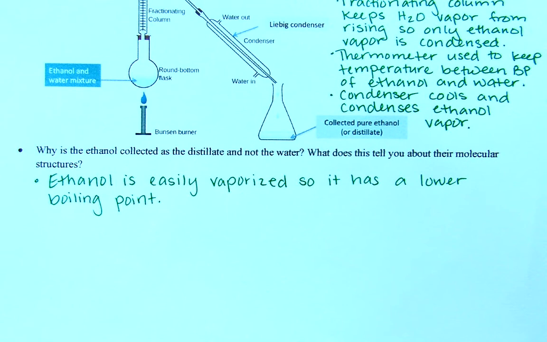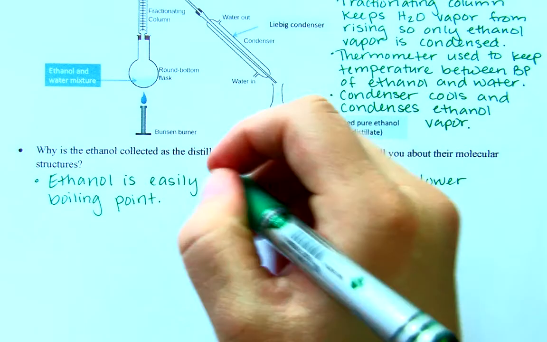So since it's easily vaporized and it came off first, we know its boiling point is lower. Why is its boiling point lower? That's because it has weaker intermolecular forces than water.